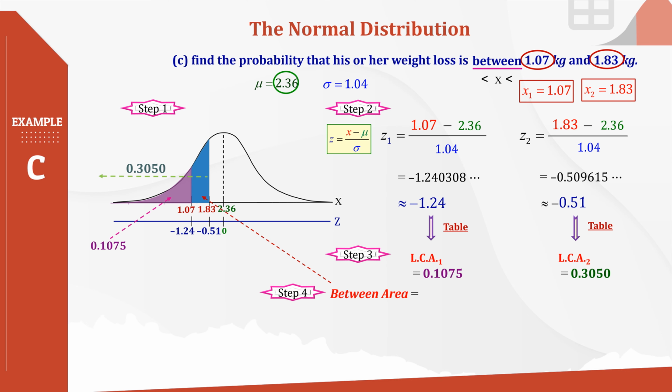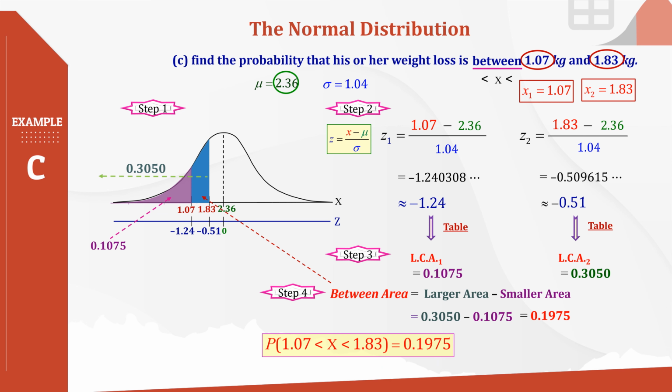Now that we know how to find the in-between area using the formula, larger area minus smaller area, in this case, we have 0.3050 minus 0.1075 to get the probability 0.1975.